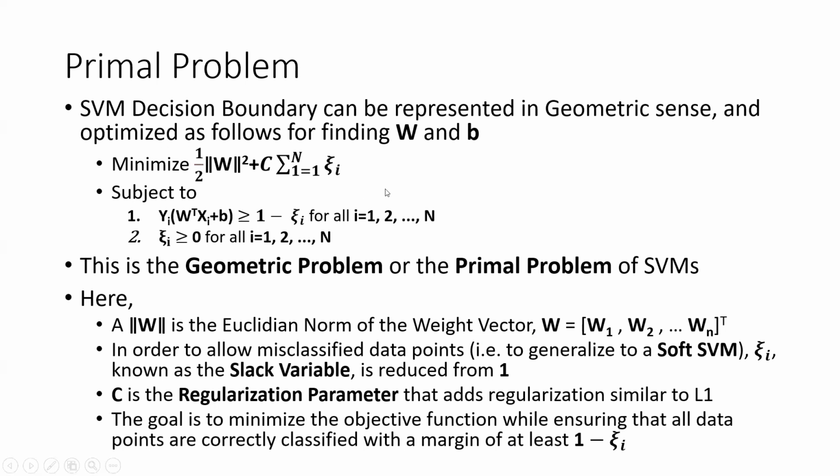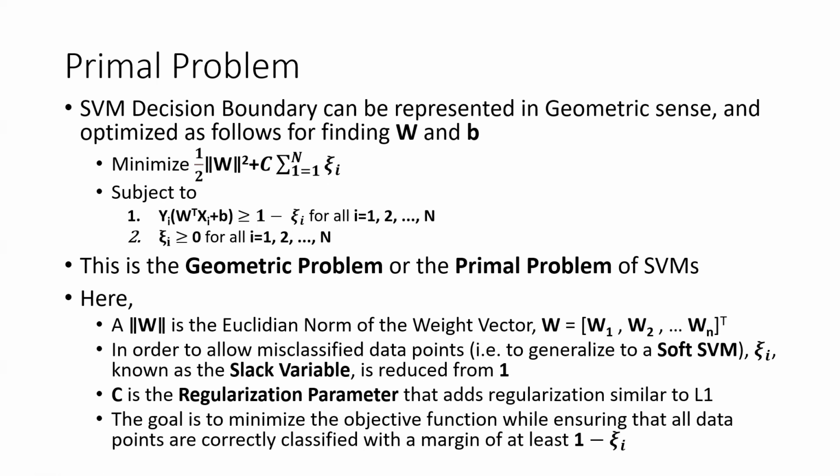So when it comes to support vector machines, this is what we are going to solve. We are going to minimize half of w's norm square plus capital C times the addition of psi i's. We will see what each of these parameters means.